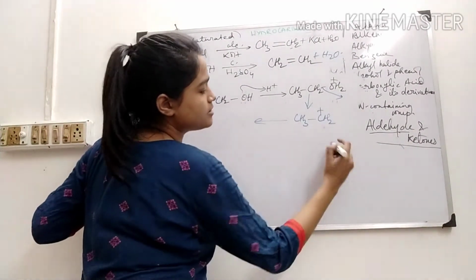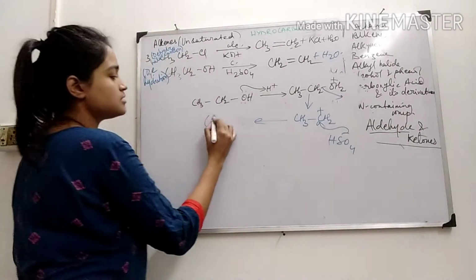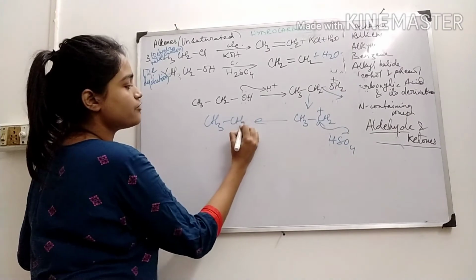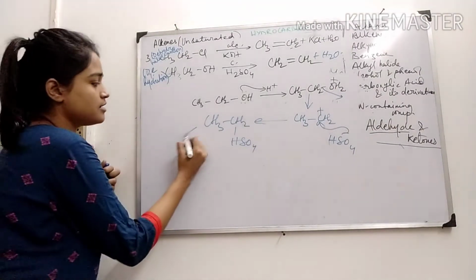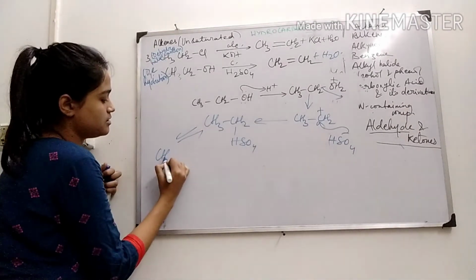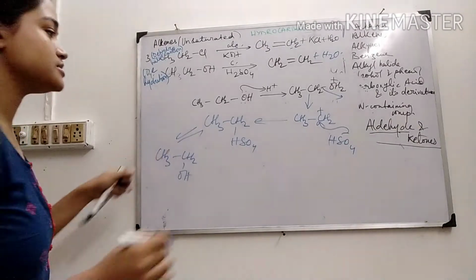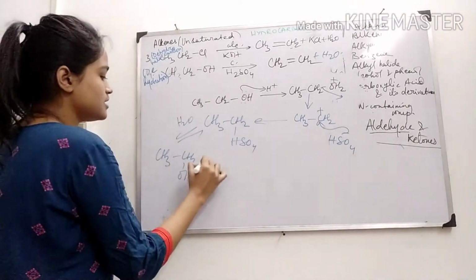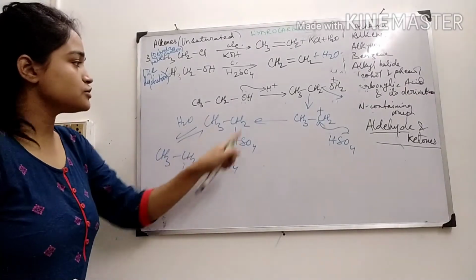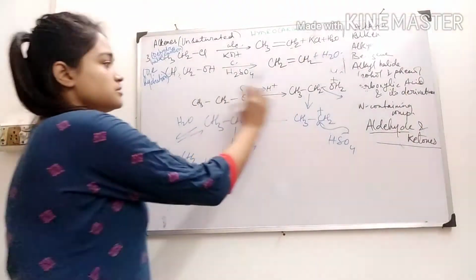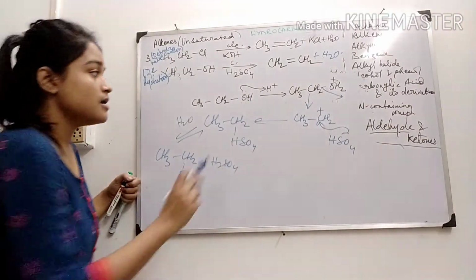This can go and attack, forming ethyl hydrogen sulfate, and this will give rise to the alcohol on hydrolysis because water is there and sulfuric acid is left behind. So this is the mechanism, which goes through a carbocation intermediate.